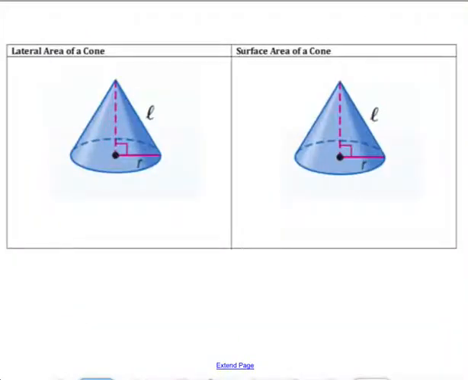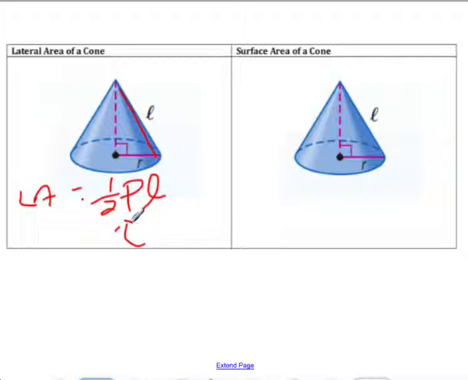All right, next, let's take a look at the lateral area of a cone. The lateral area for the cone is 1/2 the perimeter times the slant height. Notice that the slant height of a cone is that length of the side going up. Now for the perimeter of a circle, the perimeter is the same as the circumference.